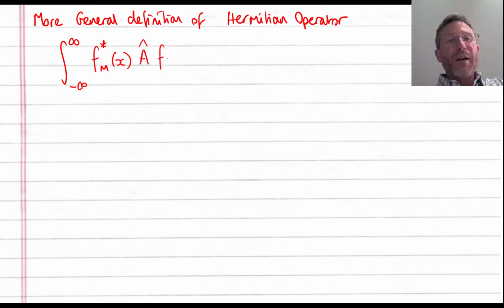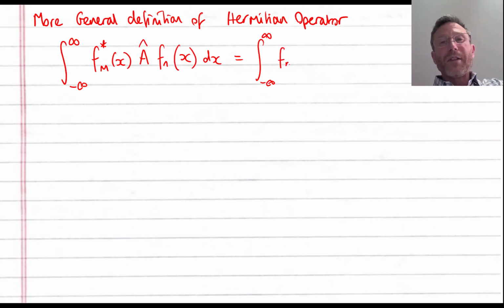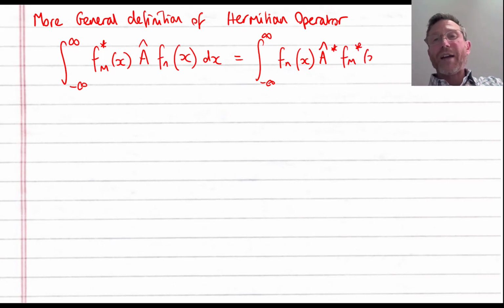Here's our operator, and we've got another function in here, a quantum number n, or state n, f n of x dx, and that is going to be equal to, for a Hermitian operator, the integral of f n multiplied by the operator, complex conjugated, multiplied by f m of x, the complex conjugate of f m, dx.